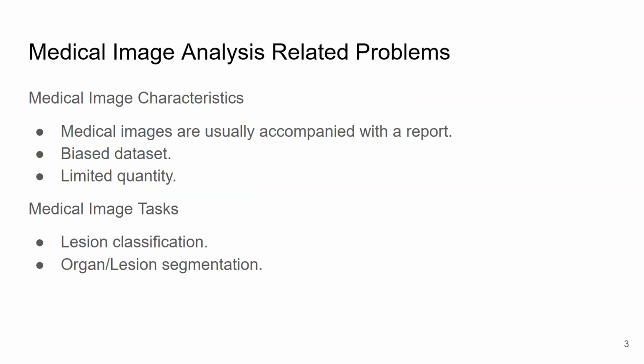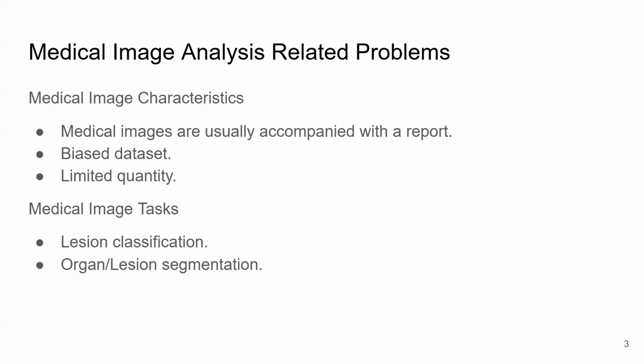In medical imaging, unlike natural images, we are facing specific problems, and medical images have distinct characteristics compared to traditional natural images. Medical images are usually accompanied by a report. They are usually biased because when you collect data, it is usually from a few sites or a few machines.